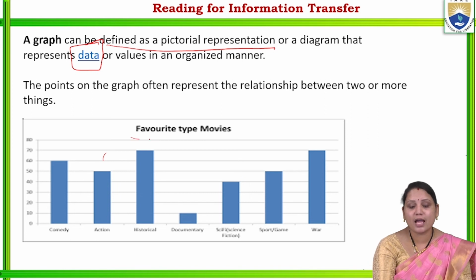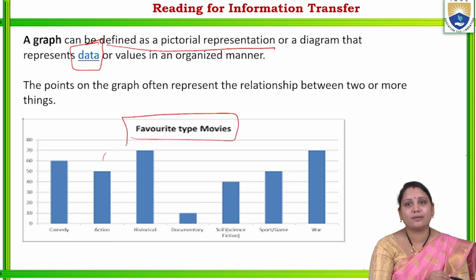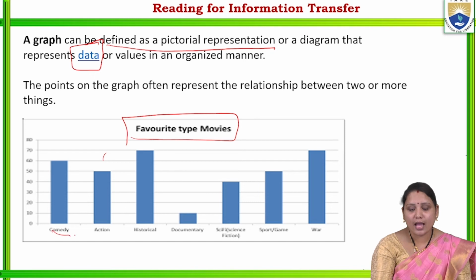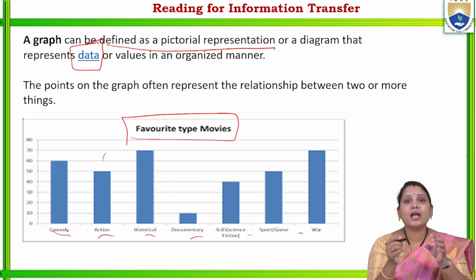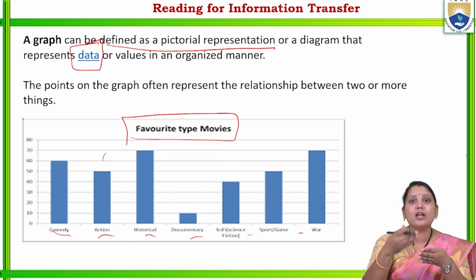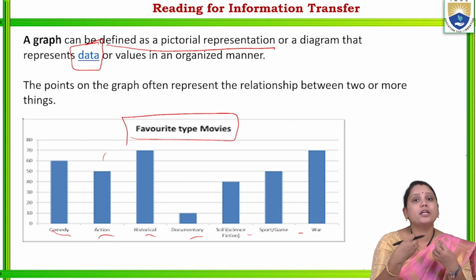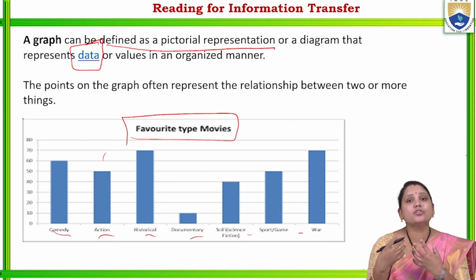Now, here, favorite type of movies. For example, I took this one. Now, here I took the other elements. On the right side, in the horizontal way, we have taken the element. So, we are here going to show the level of favorite type of movies. Whether you like more Hindi movies, comedies, humor.